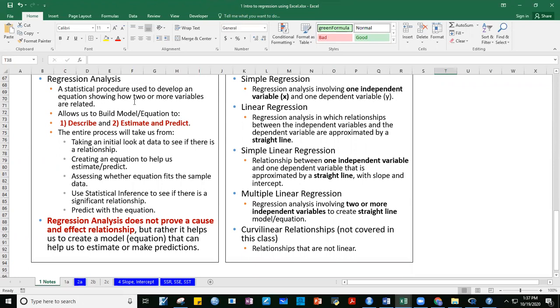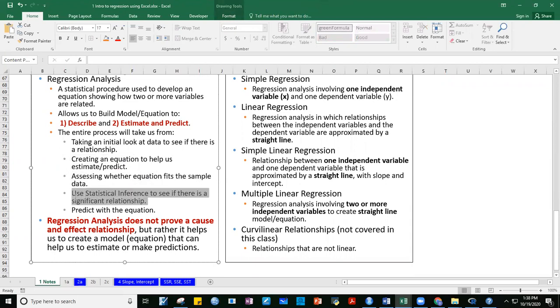This is where diagnostics will come into play. Then we use statistical inference to see if there's a significant relationship between them. After we have established that indeed there's a statistically significant relationship, then we can predict the dependent variable given your independent variable.